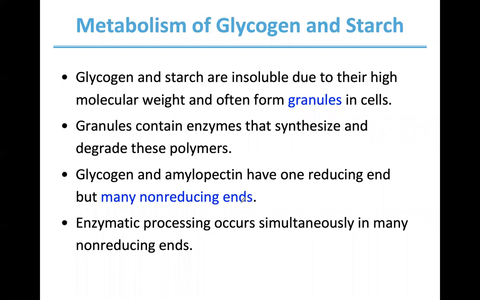Glycogen and starch are insoluble due to their high molecular weight, and often form granules. These granules contain enzymes. Obviously, all these numeric positions will attach themselves to hydroxyl groups on glucose, position 4, position 6, right? So there'll be one reducing end and many non-reducing ends.